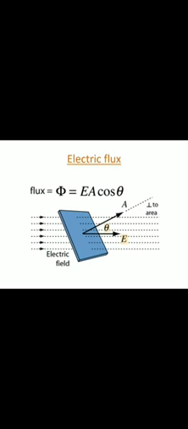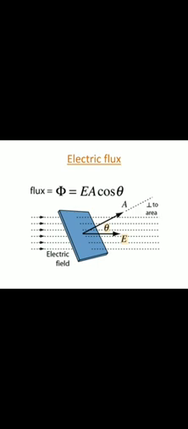Area must be treated as a vector whose direction is always perpendicular to its surface. So you can see the direction of area being marked by A, which is a vector. And A and E make an angle of theta with each other. The direction of A is always perpendicular to the surface.